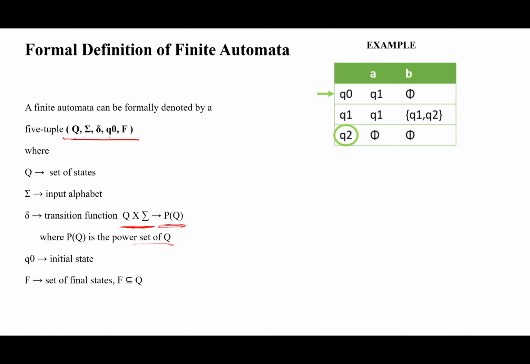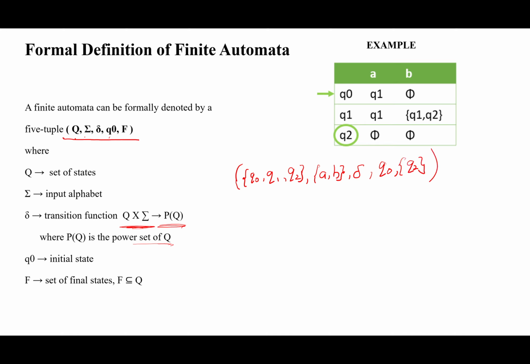So we will write the formal definition for this. First the set of states, so it is Q0, Q1 and Q2, and then the input symbols are A and B. Then our initial state is Q0 and the final state is Q2.